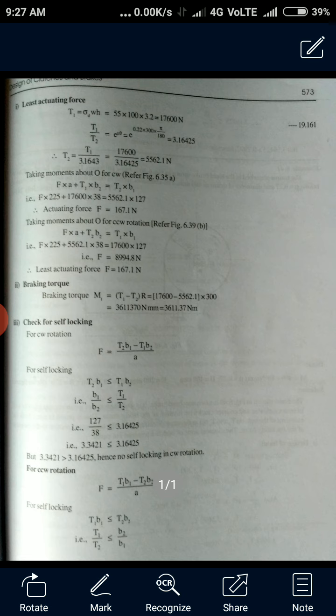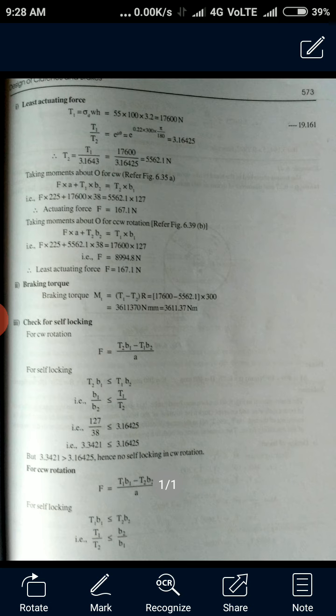So F into A plus T1 into B2, force into perpendicular distance, equals T2 into B1. So one side clockwise moment, other side anti-clockwise moment. You can call this equation number 1. Later we are going to use this equation to calculate the self-braking. Substitute values, and you get for clockwise rotation F equal to 167.1 Newton.